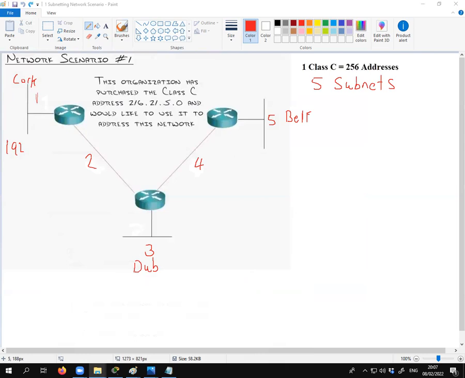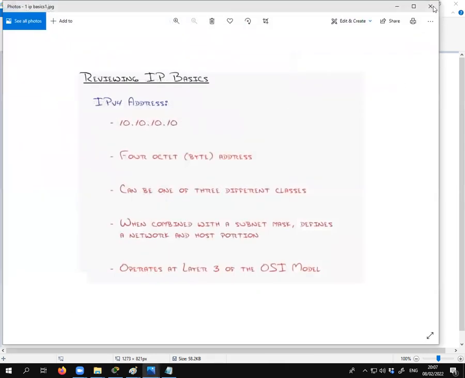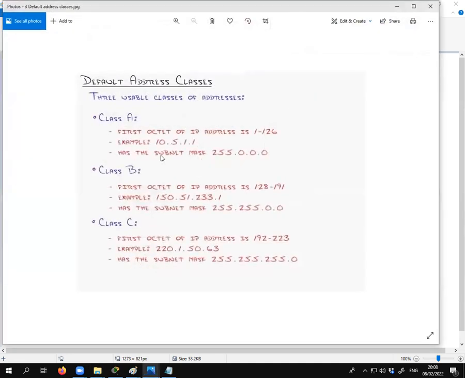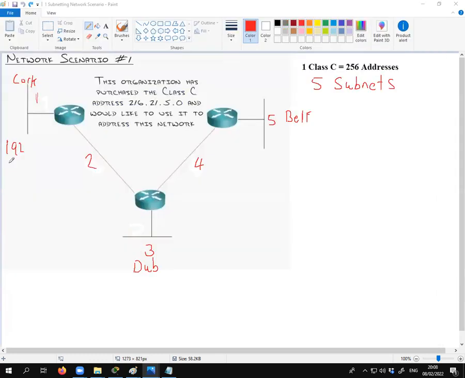Remember, what dictates whether it's a class A, B, or C. Let's say I had 150.51.5.0 and I had a subnet mask of 255.255.255.0.